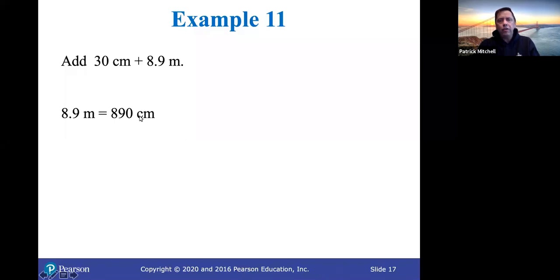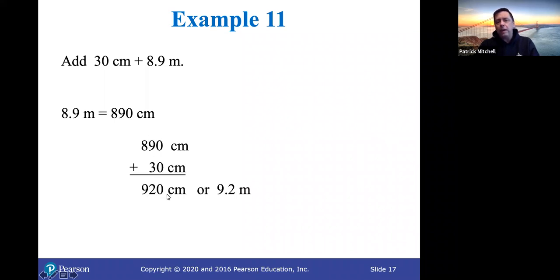Centi is 2 to the right of the base unit, so we move the decimal point 2 places to the right. That gives us 890 centimeters. Now we can add 30 centimeters plus 890 centimeters, which is 920 centimeters. Or if you had converted everything into meters, you would have come up with 9.2 meters. And that takes care of section 8.4.